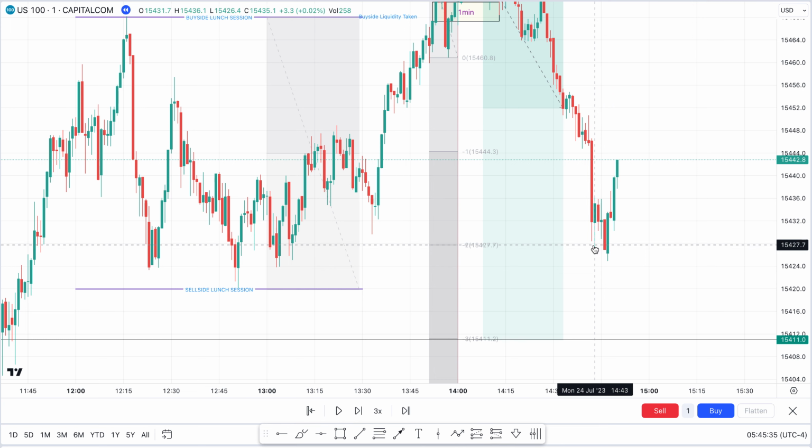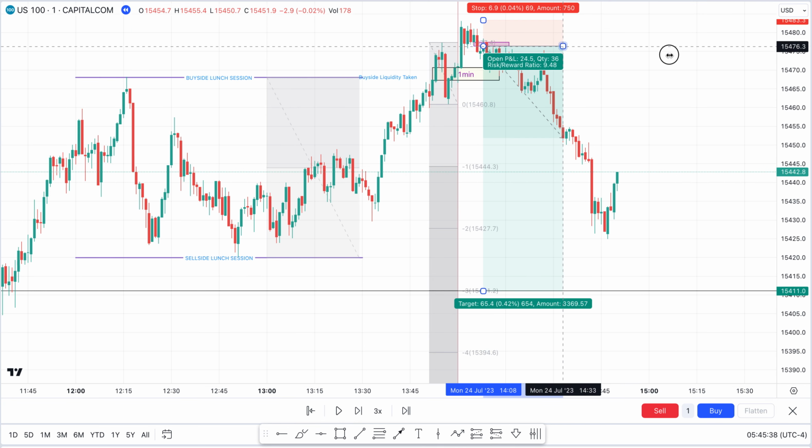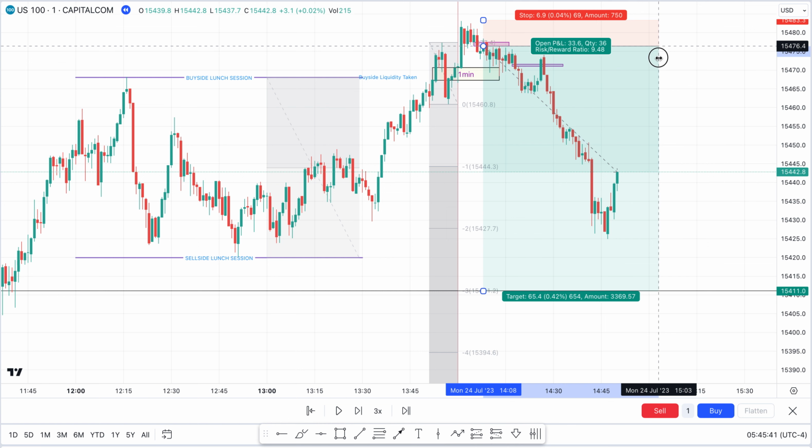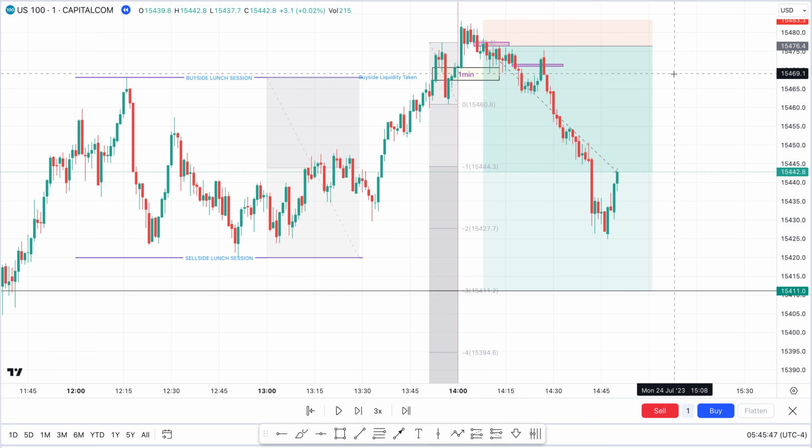So you could take partials over here. Let's extend this out. And even though the silver bullet PM setup is from 2 p.m. to 3 p.m., it doesn't mean the move has to happen.